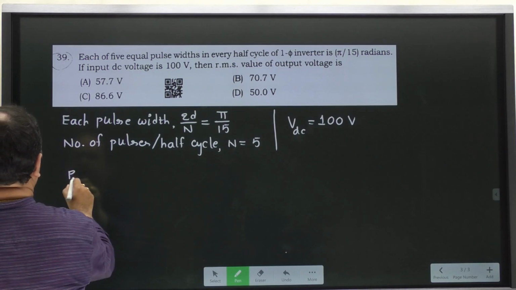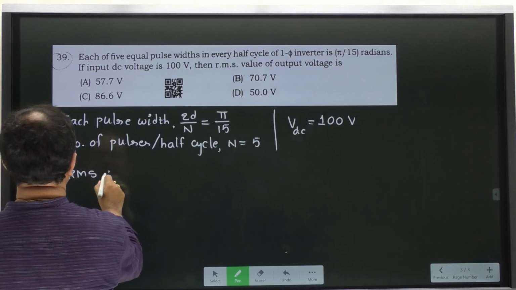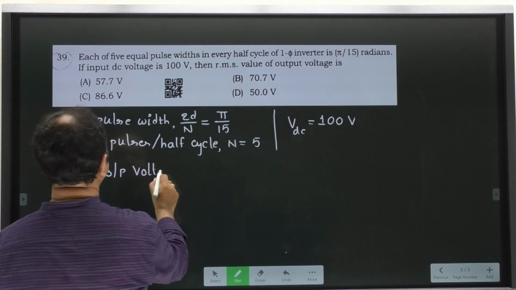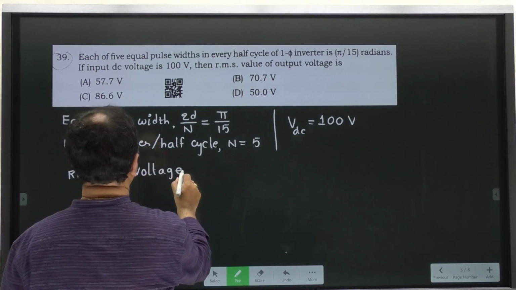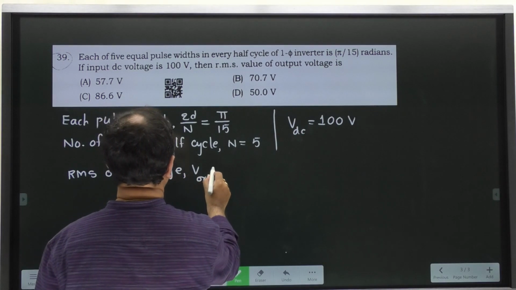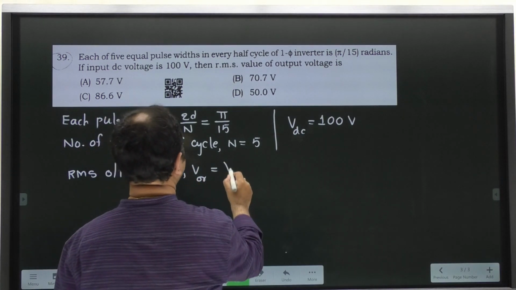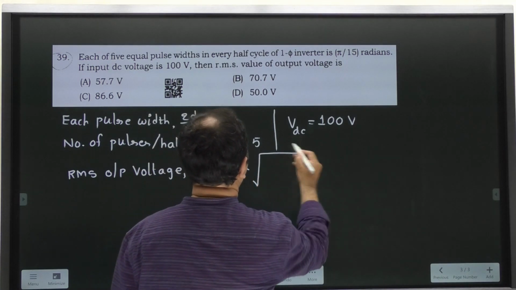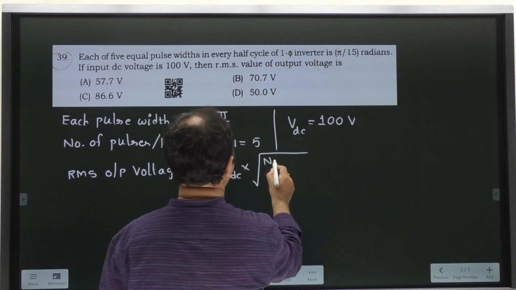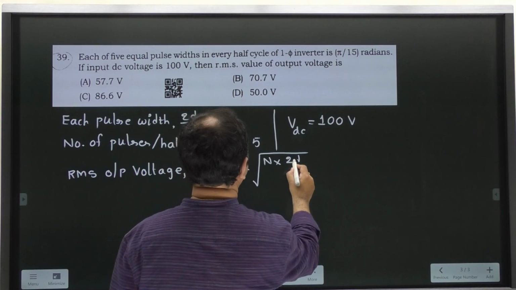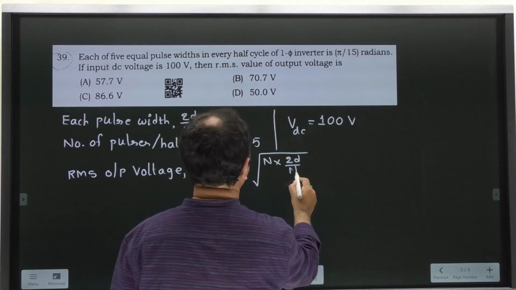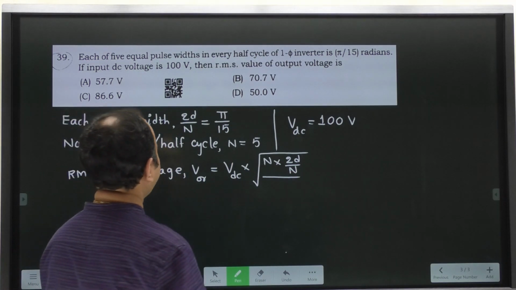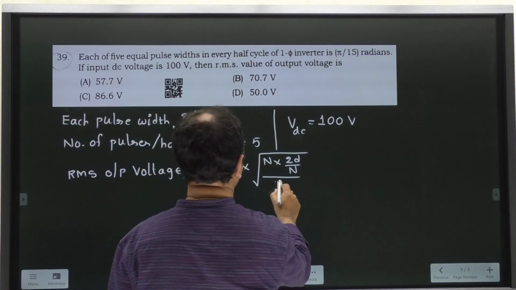So here the RMS output voltage VOR is equal to input voltage multiplied with the square root of number of pulses per half cycle, that is n, into 2d by n, each pulse width, divided by pi.